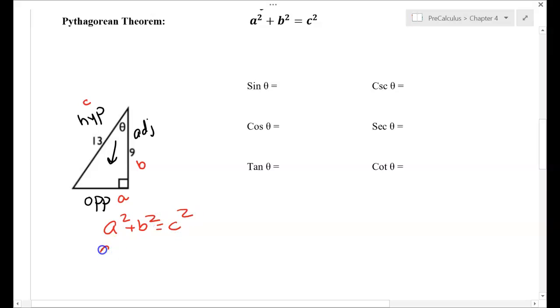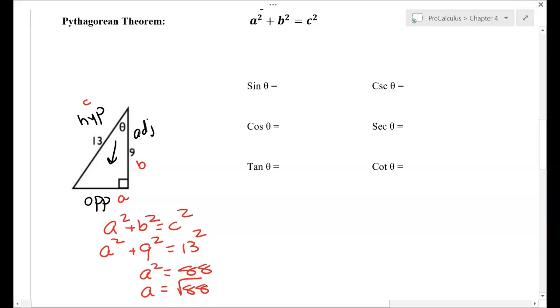Just plug in what I know. A squared plus 9 squared equals 13 squared. And then when I solve for A squared, I get A squared equals 88. And then I need to take the square root to get A. So A equals square root of 88.